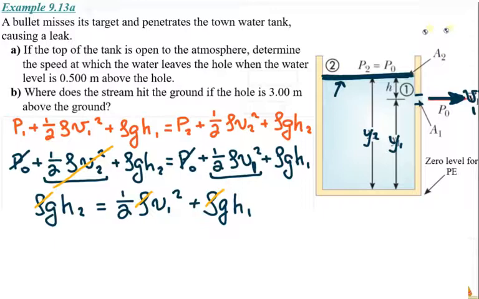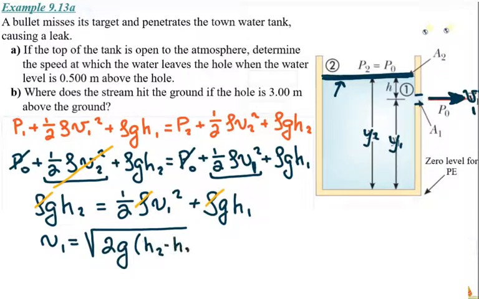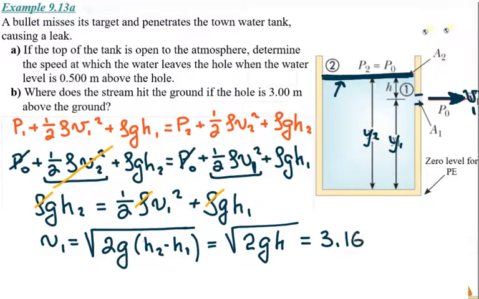What I'm left with is v1 equal to the square root of 2g times h2 minus h1. That is the same as the square root of 2gh. If I plug in my numbers, I will get the velocity at which the water leaves the hole, 3.16 meters per second.